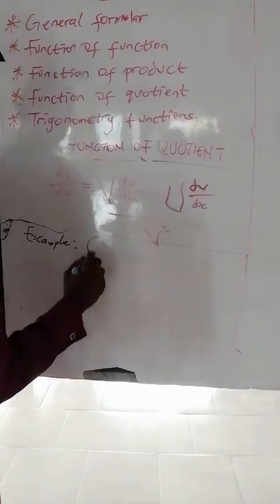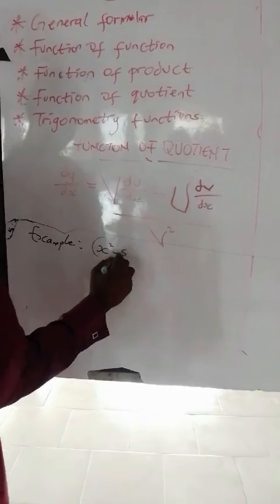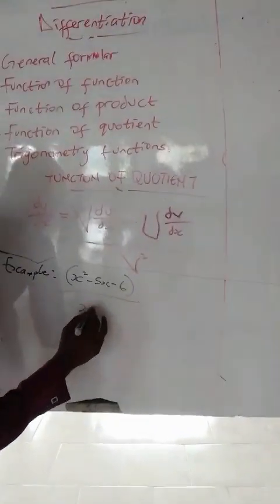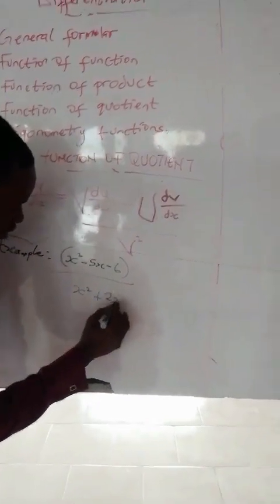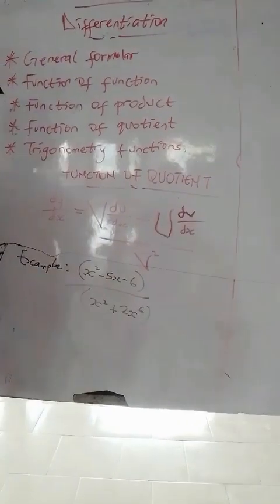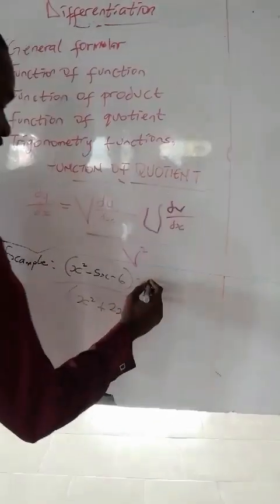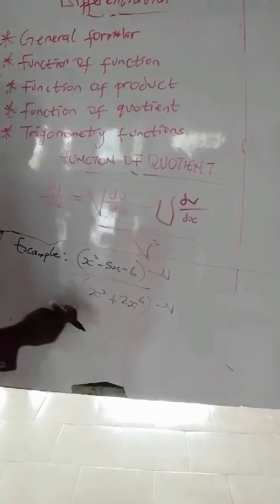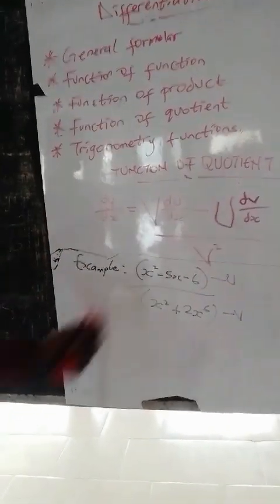How do I know? x squared minus 5x minus 6, I'm always using this example, all over x squared plus 2x to the power 6. This is function of quotient. You say let this be u, let this be v. You can decide to write it out, but I have indicated that this is my u.